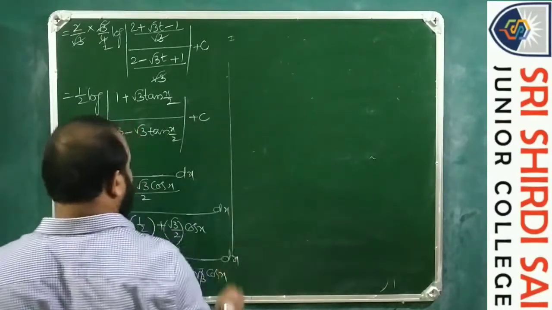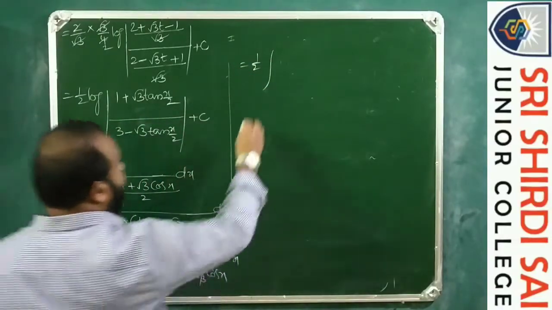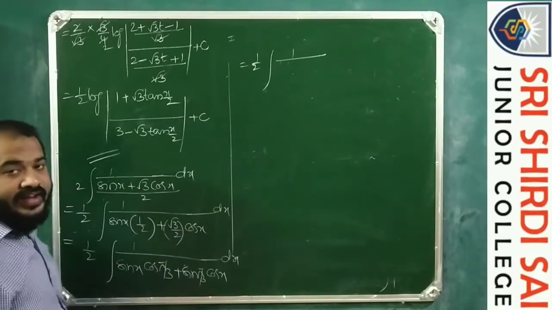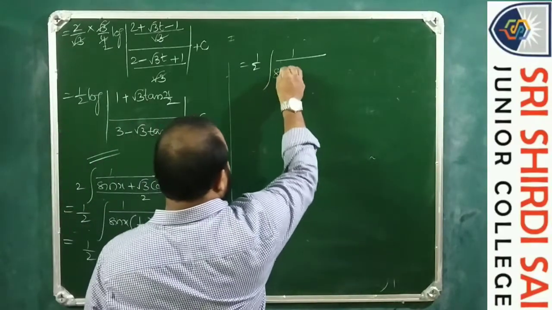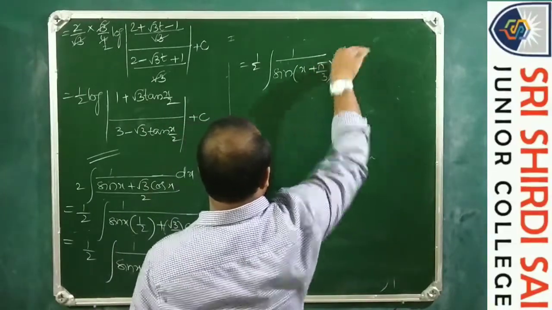So this is equal to 1 by 2 integral 1 by sin A cos B plus cos A sin B, sin A plus B, sin x plus pi by 3 dx.